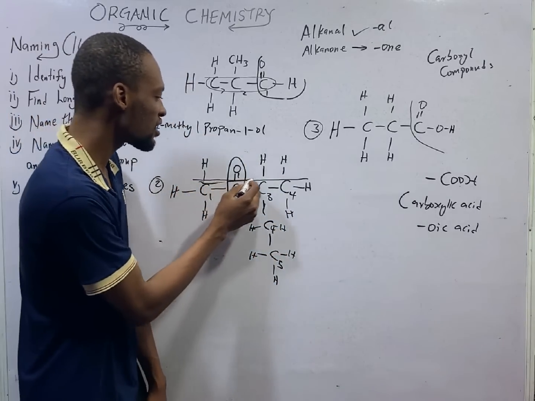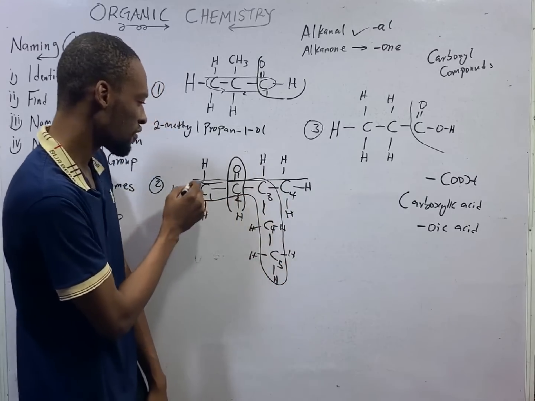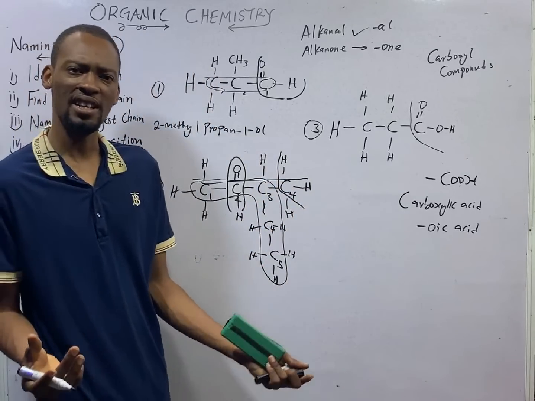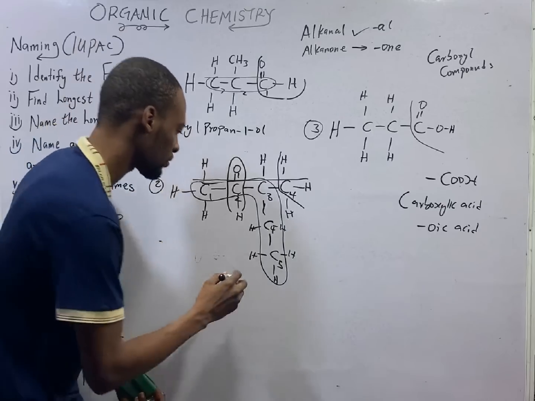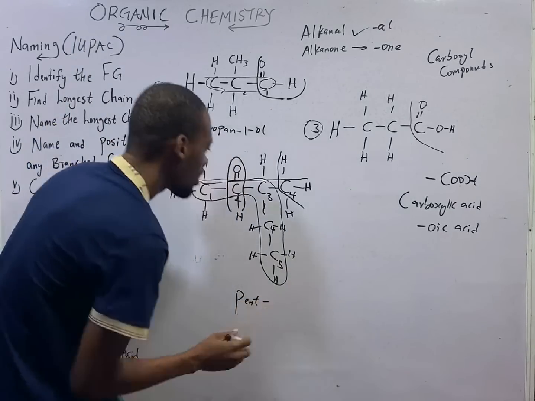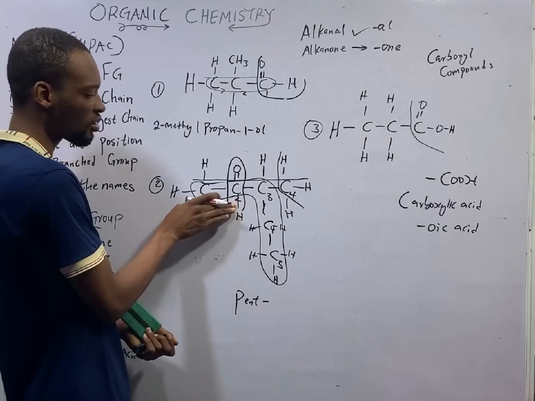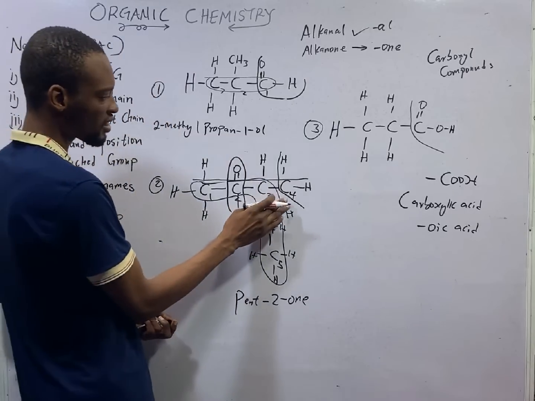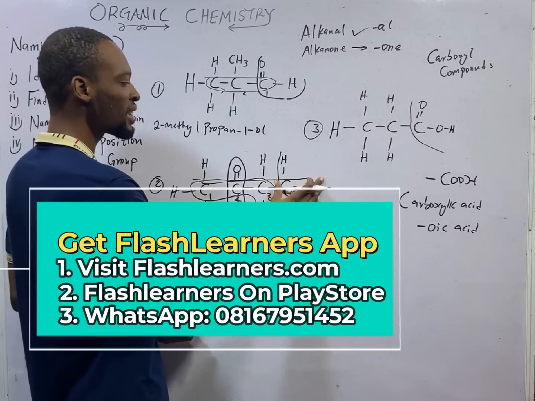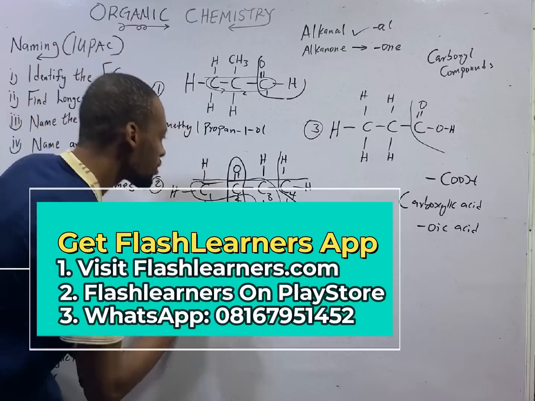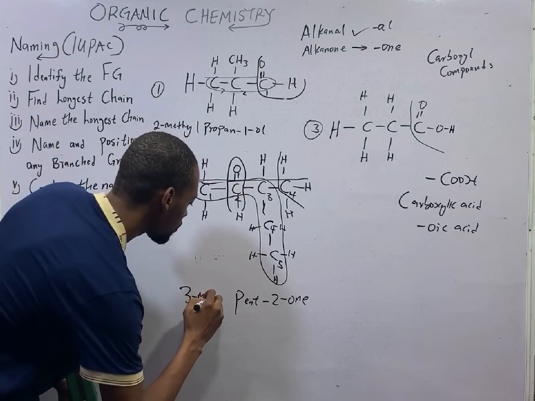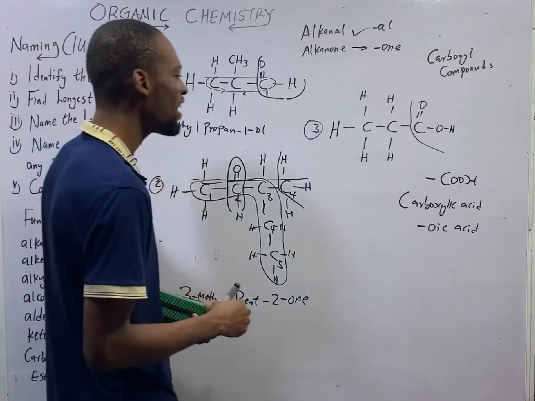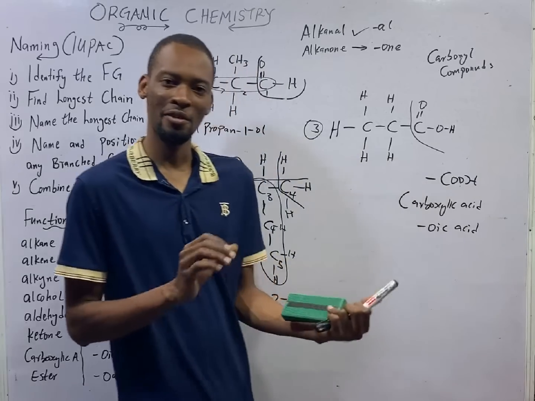So if the longest chain becomes 5, here automatically becomes a branch. And 5 as a long chain, that is pent. And the functional group is on the second carbon, that is pentan-2-ol. This branch is therefore on carbon 3, and it is a methyl group, CH3. That will give you 3-methylpentan-2-ol. Anyhow they bring it, any branch they bring, we are able to name it.